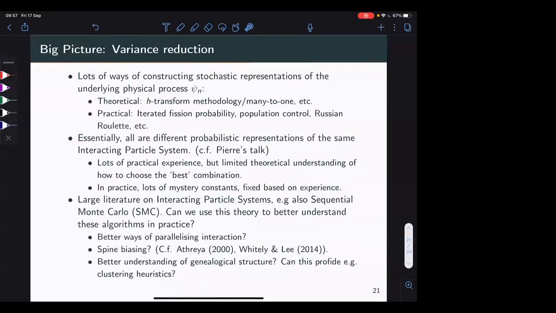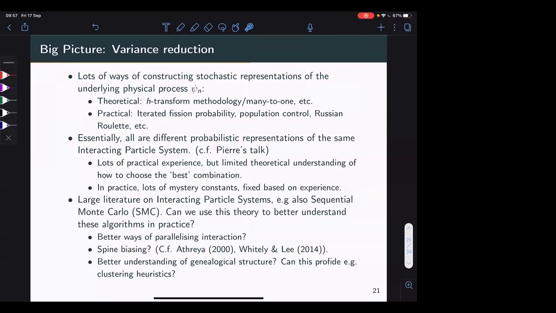This connects into a lot of other existing literature: interacting particle systems, sequential Monte Carlo, with some people talking about that today. Can we use all of this to understand these algorithms better? Also, how do we handle parallelization? Everything here is being done on parallel computers. Interaction becomes an important part of that parallelization. How do we manage that?